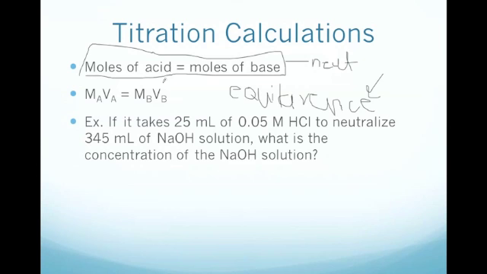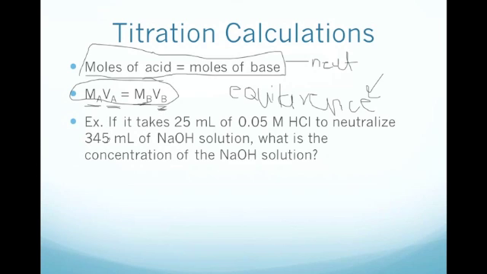And so the formula we use for titrations is similar to something we've seen before. It's similar to dilutions, because in dilutions our moles were the same in two different solutions. It was just the concentration and the volume of the solution that changed. Same thing here. So we're going to use molarity of your acid times volume of your acid equals the molarity of your base times the volume of your base.